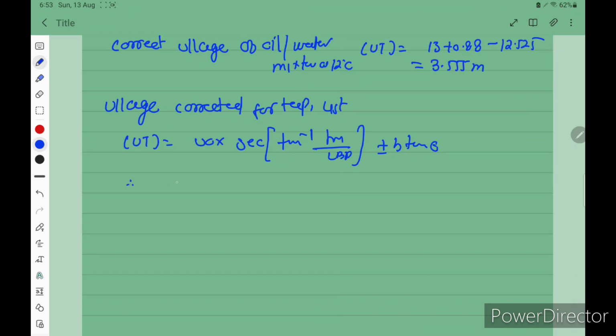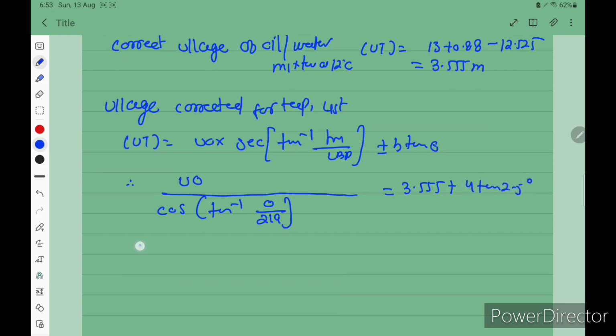Therefore UO divided by cos tan inverse trim, trim is 0, LBP is 219, is equal to 3.555 plus 4 into tan 2.5. So we get UO is equal to 3.355 minus 0.175. So UO is equal to 3.180 meter.